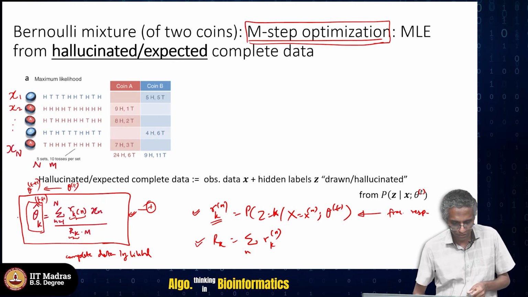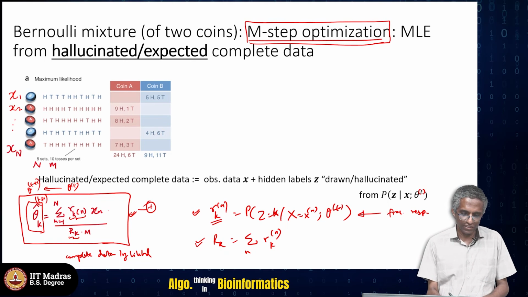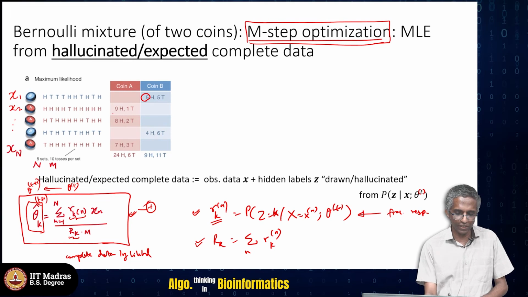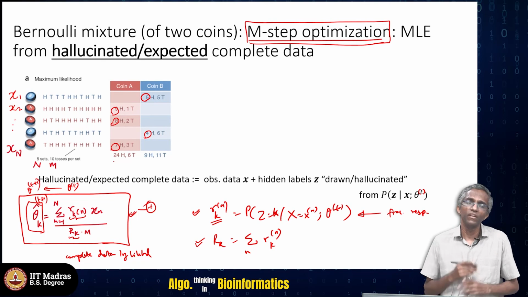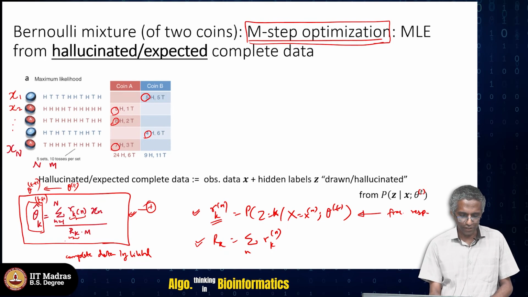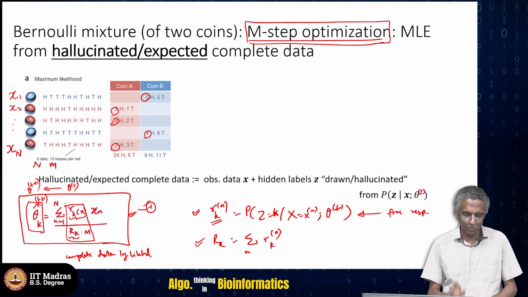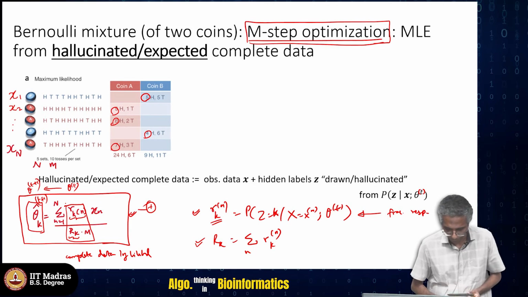This is an intuitive looking formula, which is essentially saying that you compute a weighted average of the number of heads you have observed across all of them, across 5, 9, 8, 4 and 7, weighing them with the fractional responsibilities Rk of n and then doing some normalization, which is Rk of n times m, where m is the total number of coin tosses.